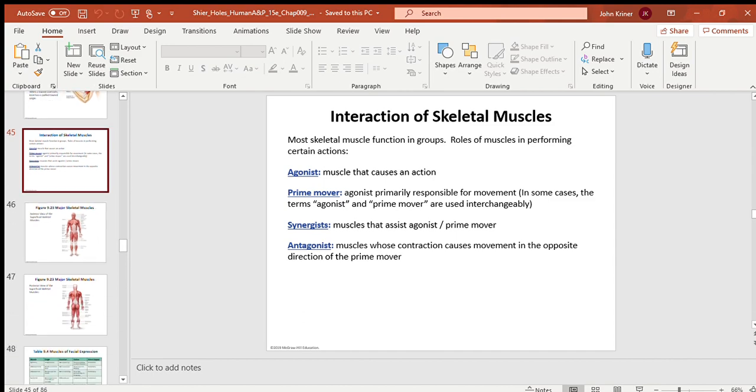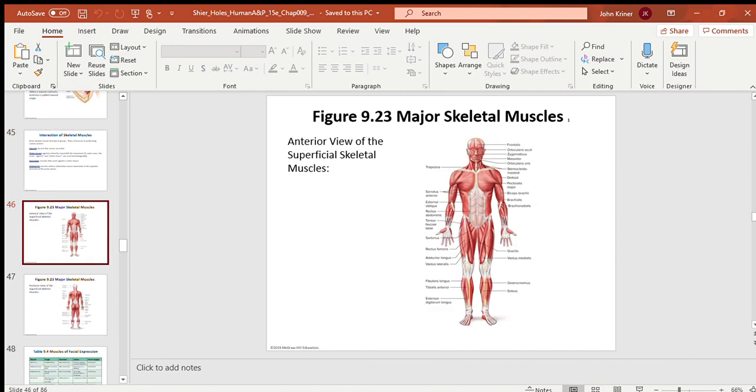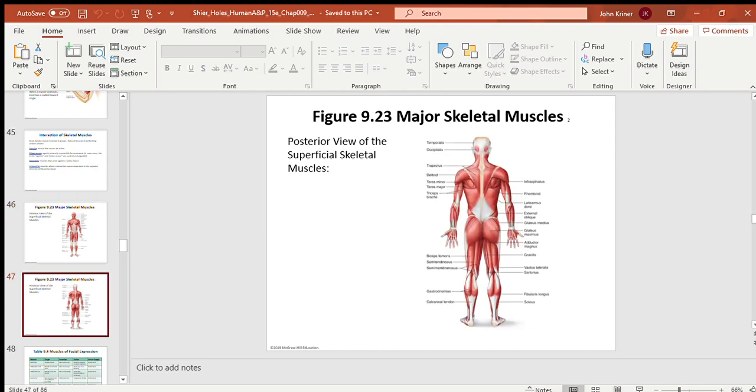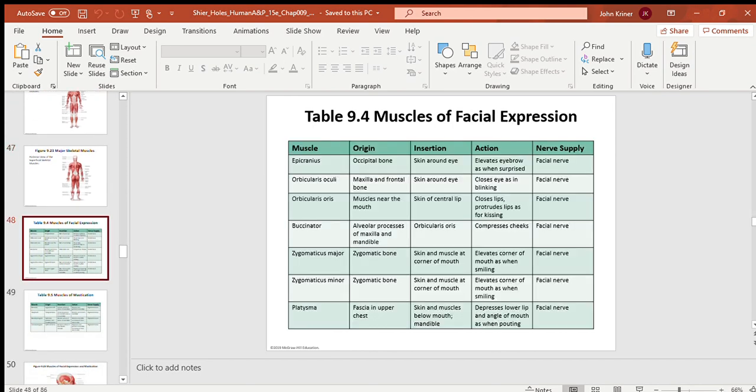That brings us on to looking at the major skeletal muscles of the human body. And there's a lot. So you have a lot of material to work through. This one starts with facial expressions, and some of these will show up on your test. They'll be in Quizlet.